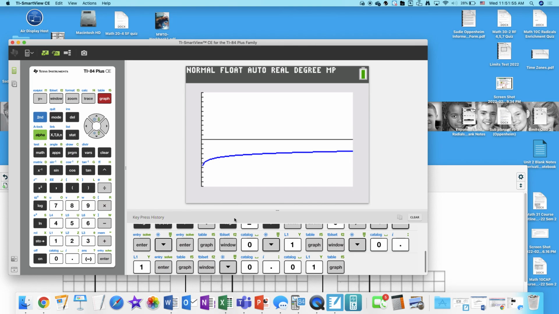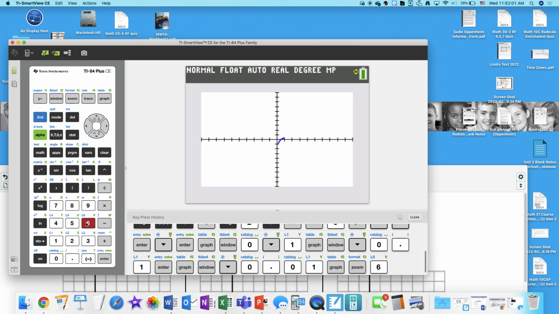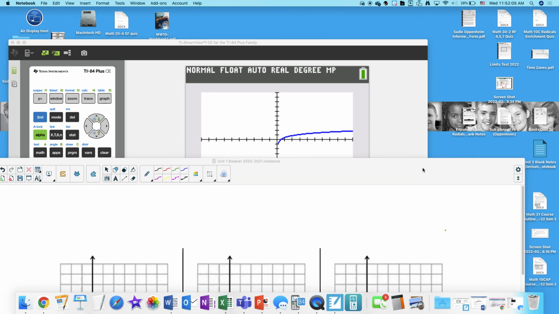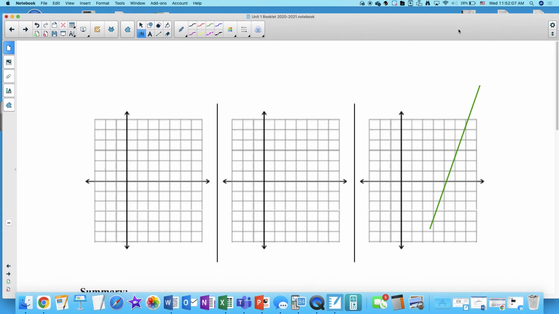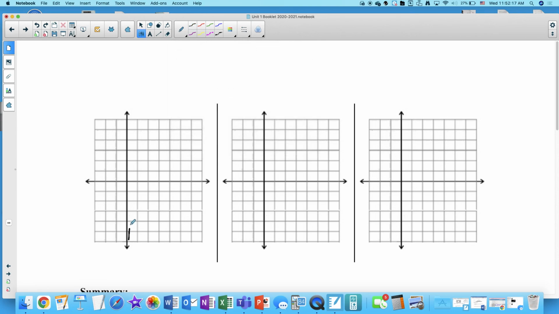So I'm going to go back now to the standard setting. And that's something you got to know. So here, that first graph looks like this. There is, in fact, a vertical asymptote there. And I think we'll leave it there for today. We'll pick this up tomorrow.